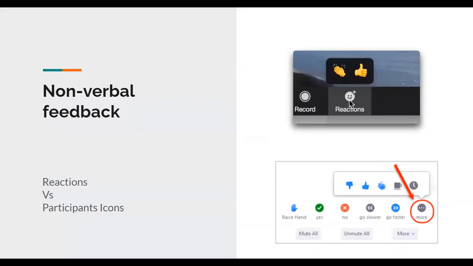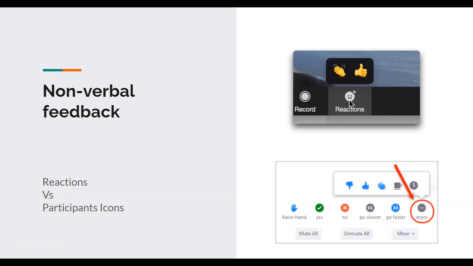And maybe if you have a really small class, that's not going to be a problem for you, but it's nice to have some tools so that folks can just let you know without unmuting themselves and talking. So let's start with the reactions key, and we will do a little trial of this after the presentation so everyone can experiment with it a little bit.